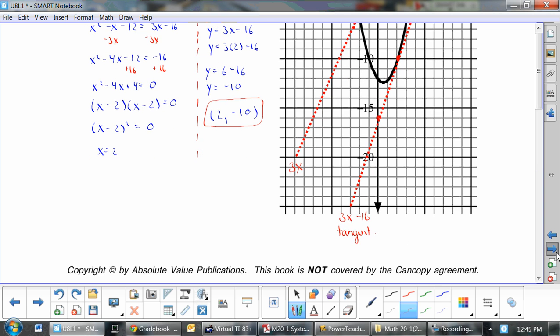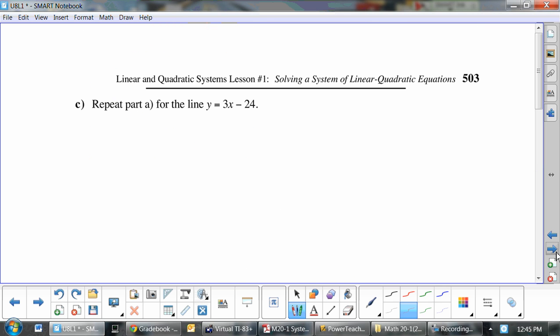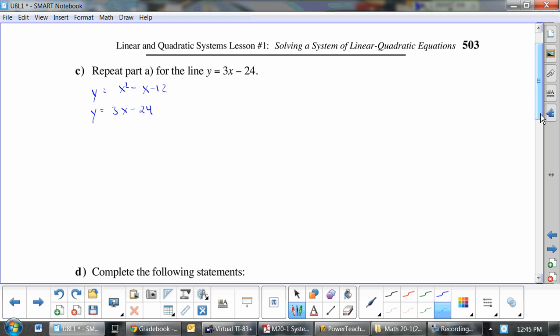So for the last one, they want us to do the exact same thing, except with a different linear line. So we know that our original is still x squared minus 4x minus 12. And this time, our linear equation is 3x minus 24.